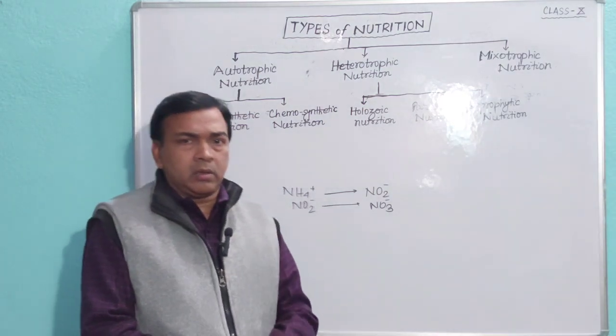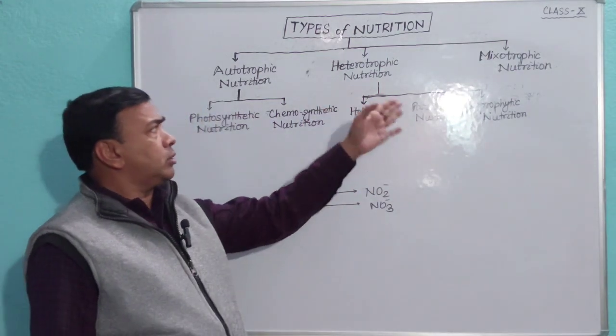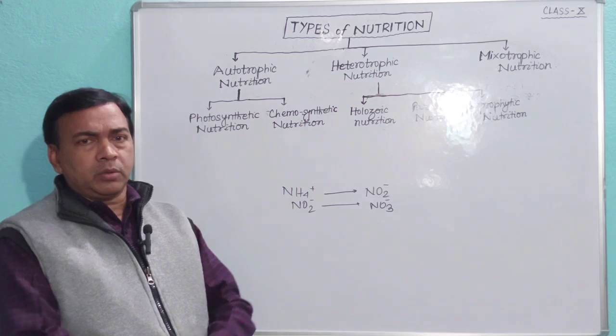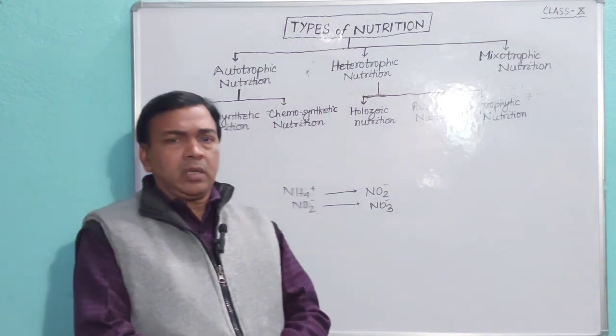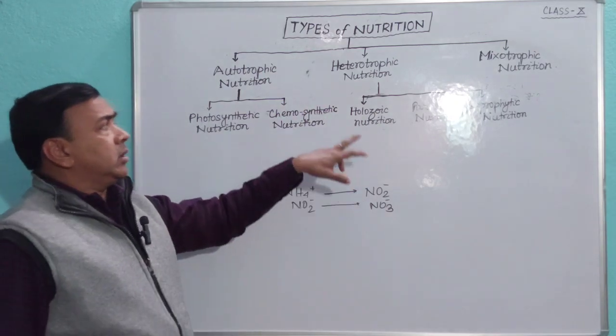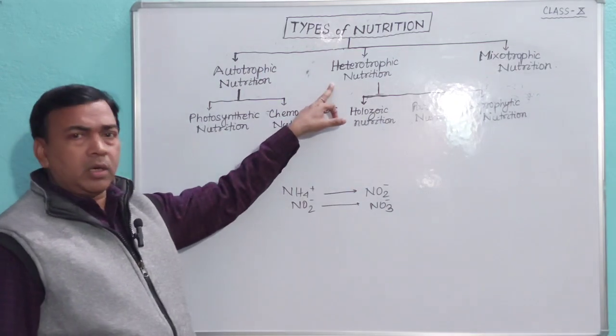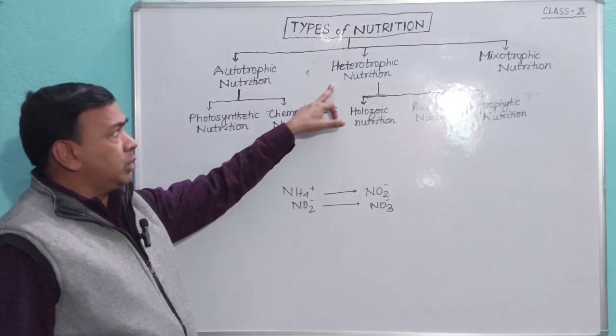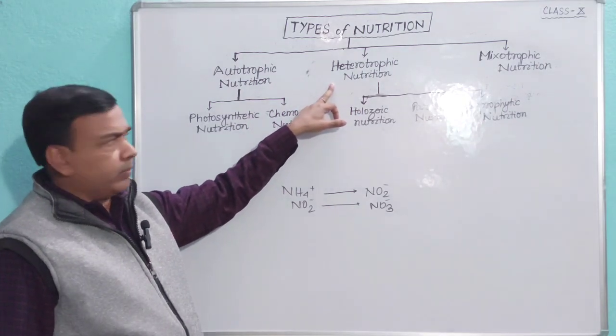Now we shall go to heterotrophic nutrition. What is heterotrophic nutrition? Heterotrophic nutrition is a kind of nutrition in which organisms do not synthesize their own food.